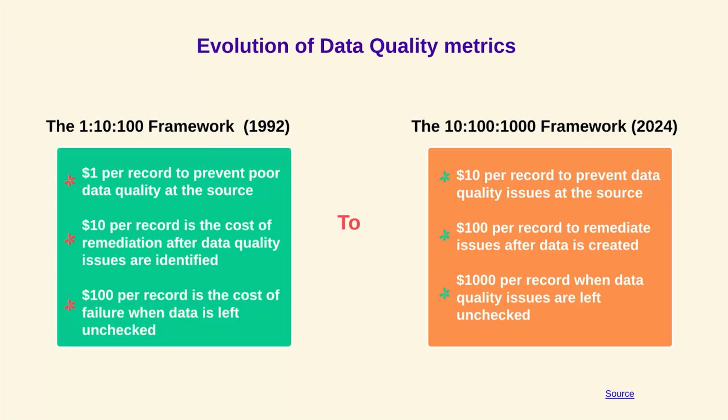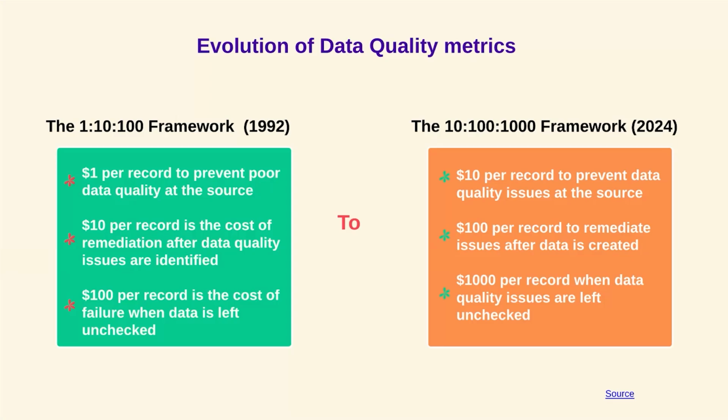But if some issue happens because of the data quality, you are probably going to be spending $100. So this is how you might exponentially spend. If you do any prevention techniques, it's probably going to be just $1, but the cost of not doing those prevention activities is going to be $100.